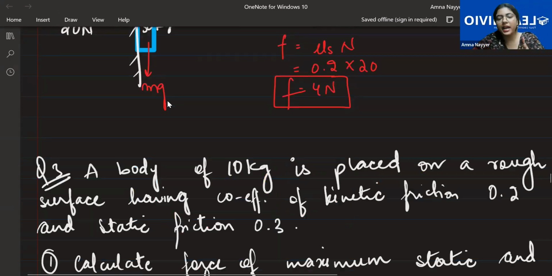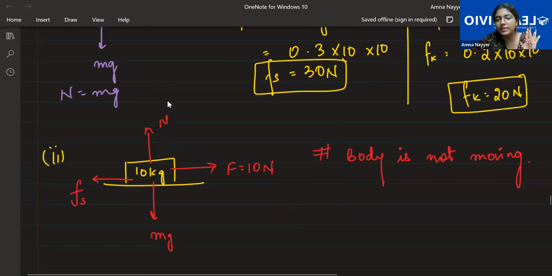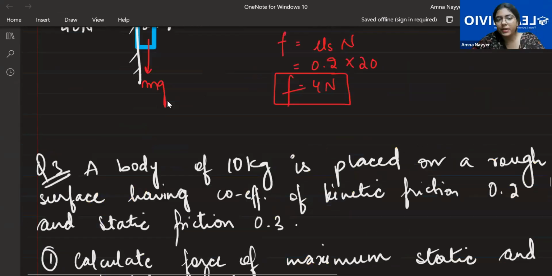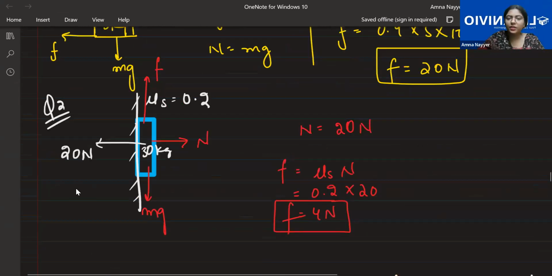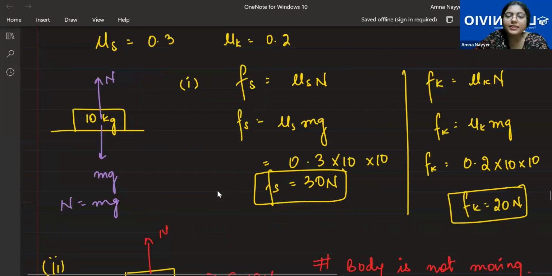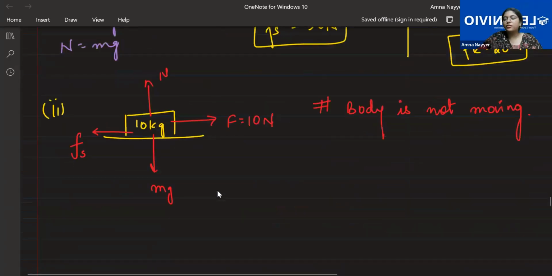Look, here it is asking us to calculate the static friction. Compare it with the previous question, which is a different question where the normal reaction is not balancing mg. It is saying static friction, so static friction means the body isn't moving, right? In this question, the body isn't moving, which means static friction is a self-adjusting friction.